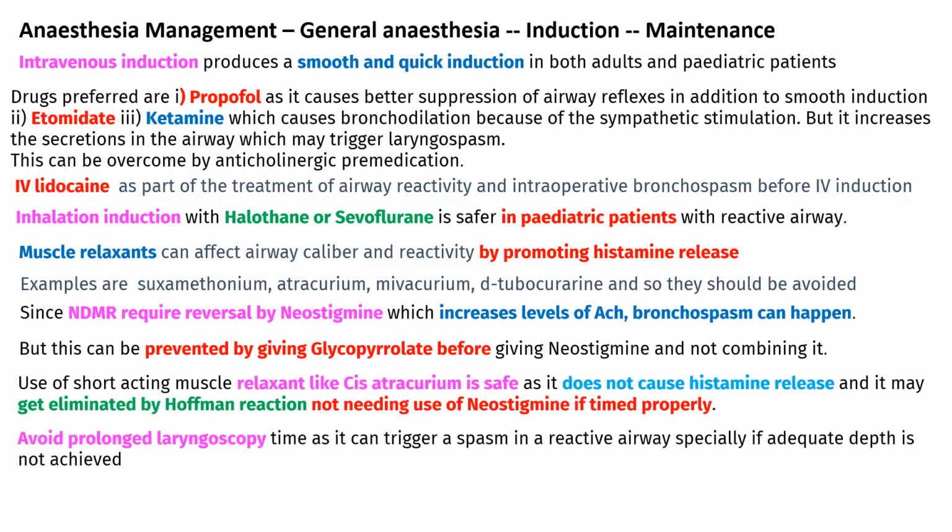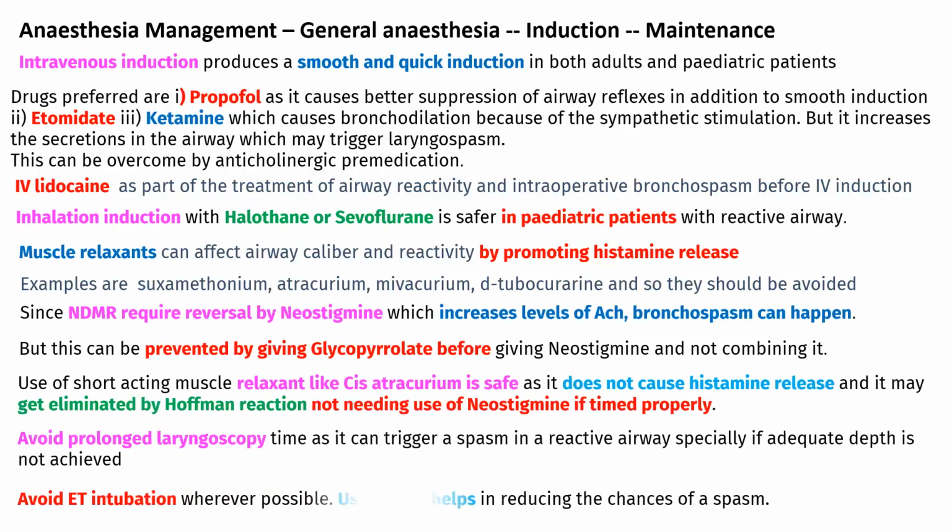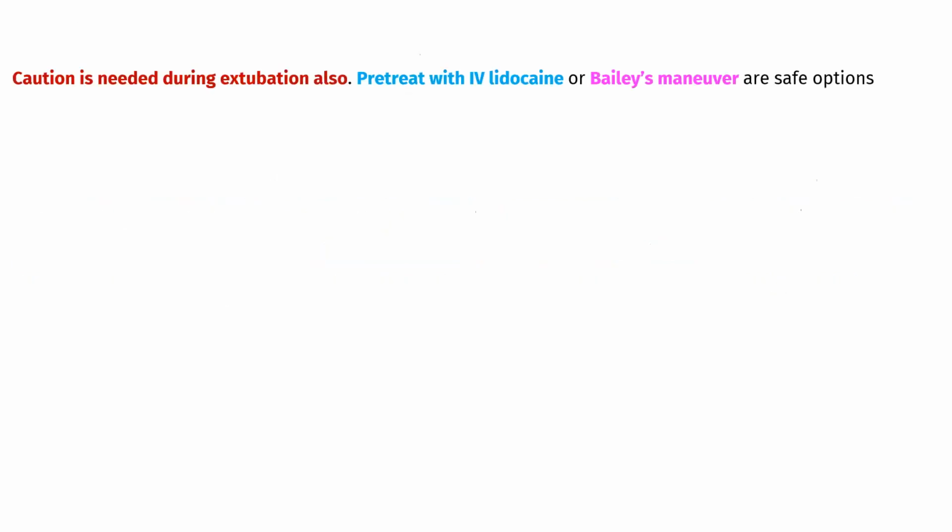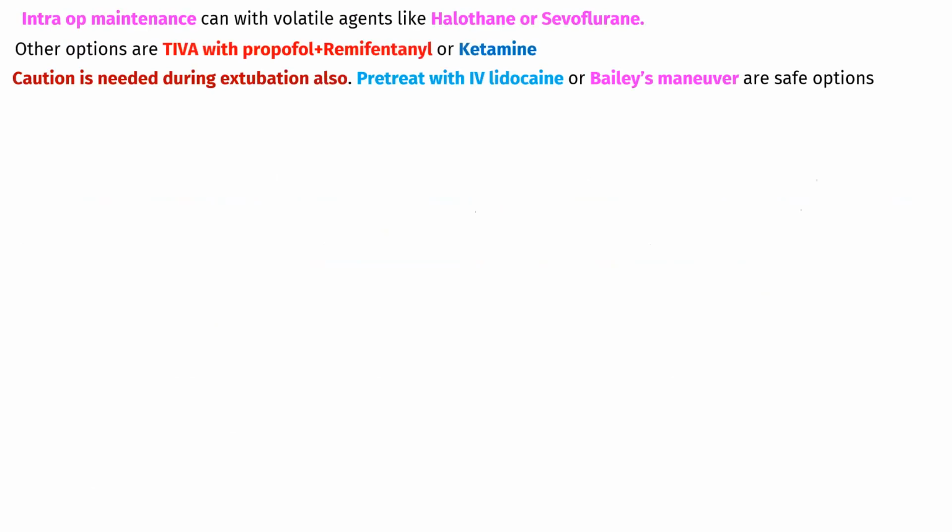And avoid prolonged laryngoscopy, which can trigger spasm. And avoid ET intubation wherever possible. Use LMA, which helps to reduce the chance of spasm. Now, caution is needed during extubation also. Intraoperative maintenance can be done with the volatile anesthetic agent sevoflurane, or other options are TIVA with propofol and remifentanil or ketamine infusion. These are all the methods of intraop maintenance.